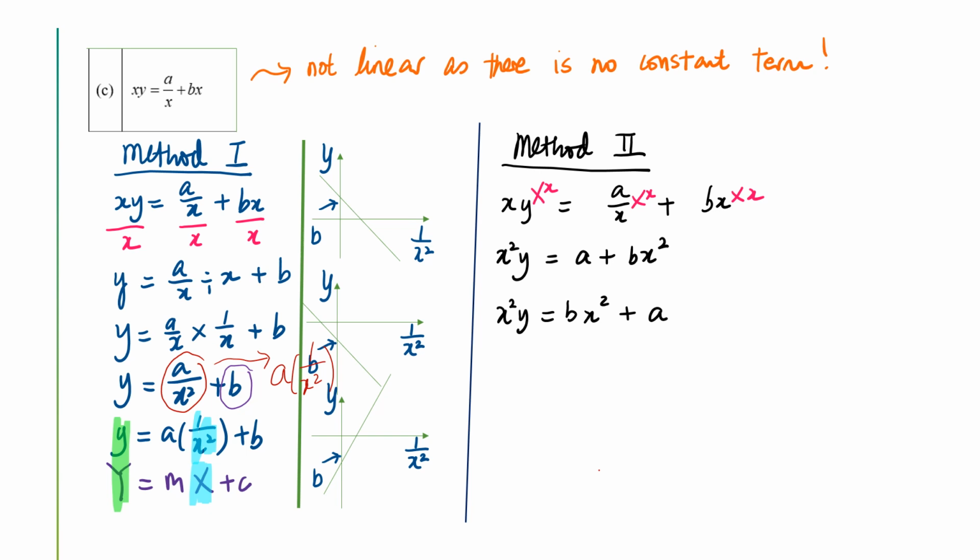If you look at method 1, the constant is the letter b. If you look at method 2, the constant here is your letter a. Once you have achieved a constant, you just stop the operation, and then you just compare it with the straight line equation, which is y equals mx plus c.